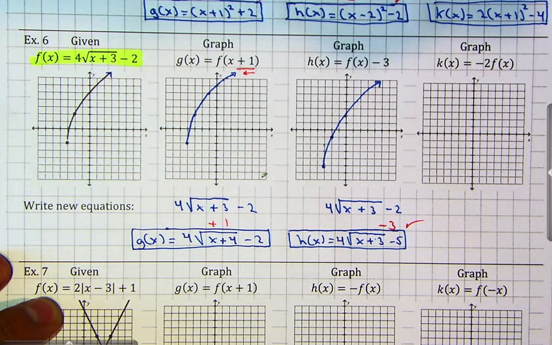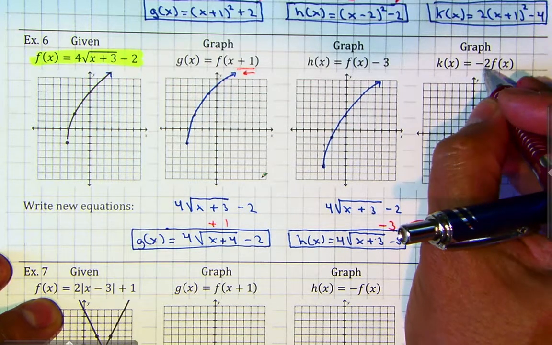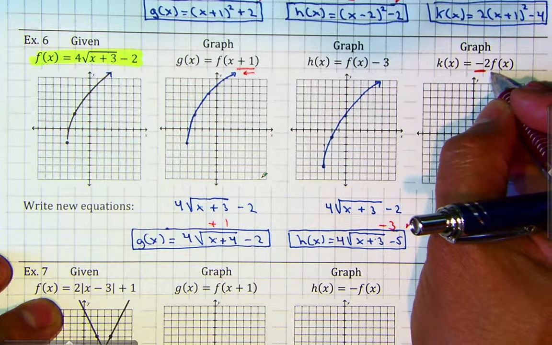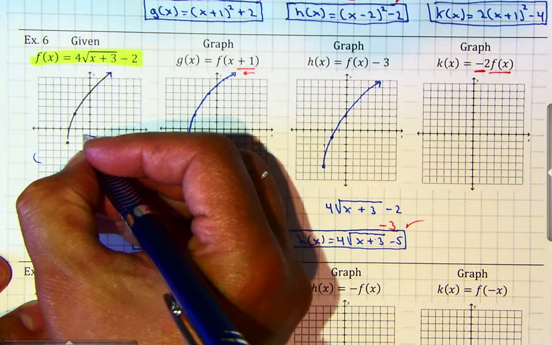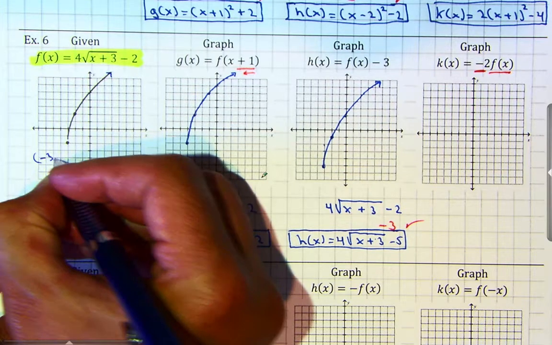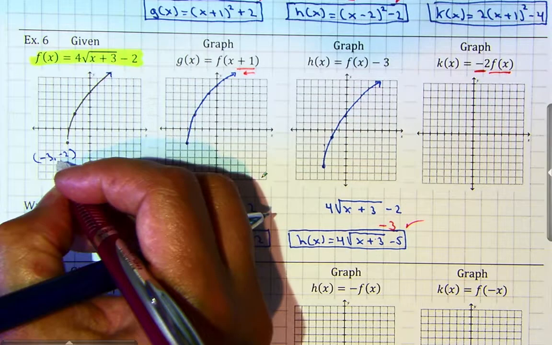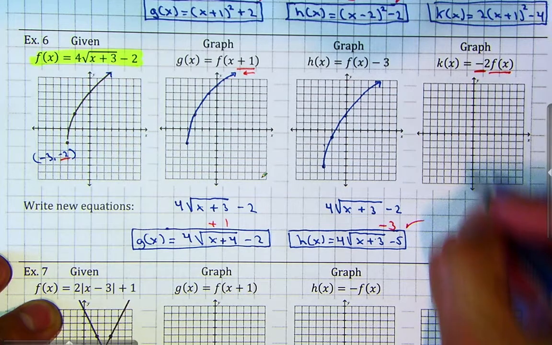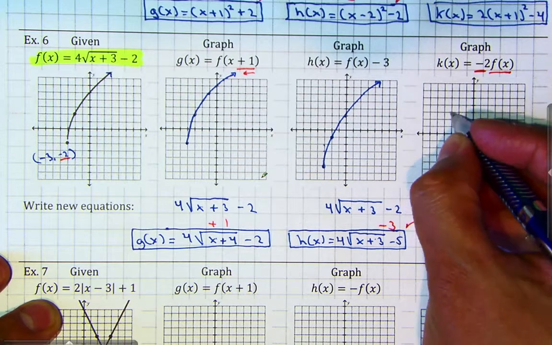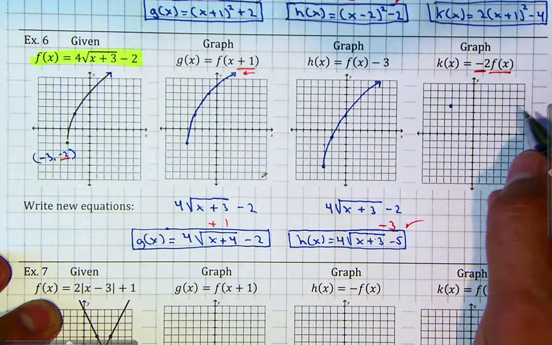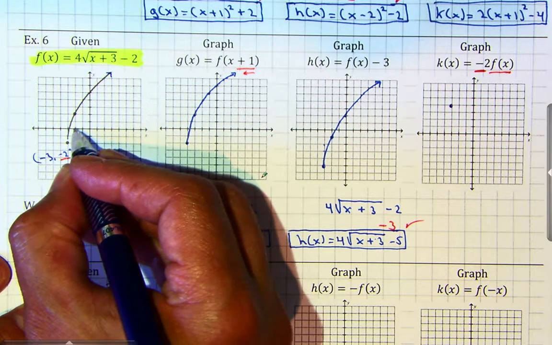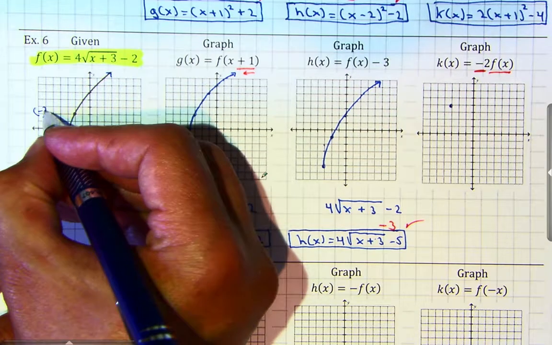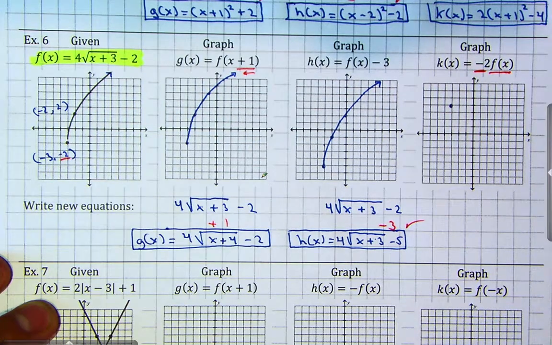So therefore, we're going to multiply. You got it? Excellent. So in this case, negative 2 is going to multiply the y value by negative 2. So this point here is negative 3, negative 2. I'm going to multiply the y value by negative 2, so it becomes negative 3 and positive 4. This point here was negative 2 and positive 2. I'm going to multiply the y value by negative 2, so it becomes negative 2, negative 4.